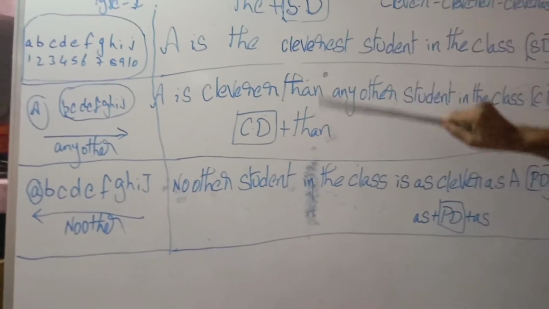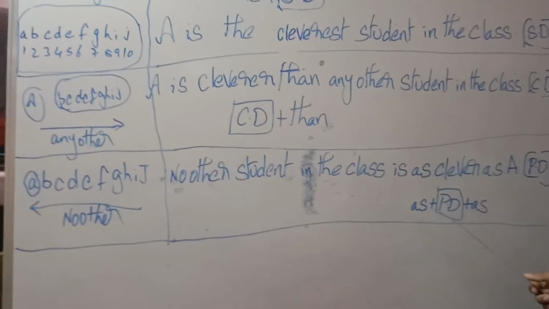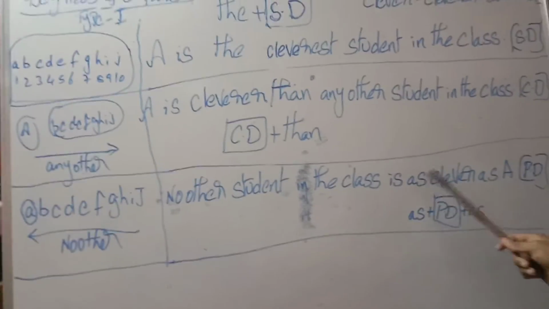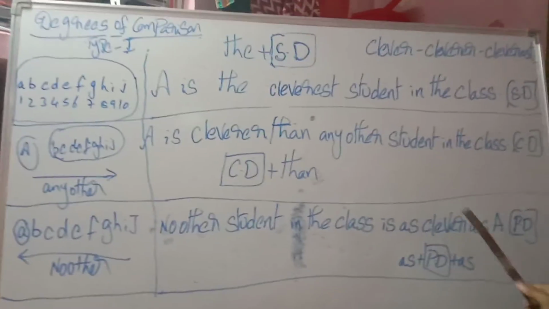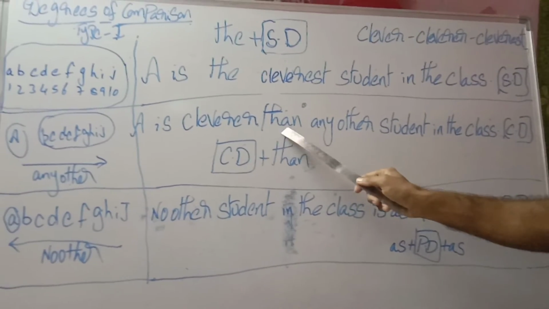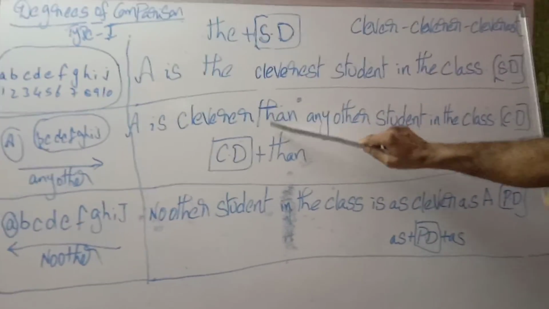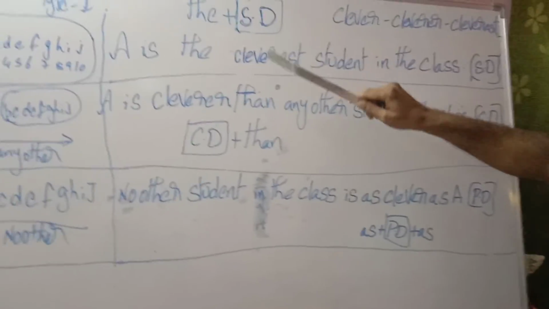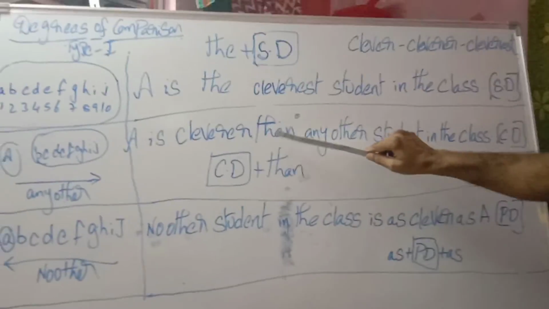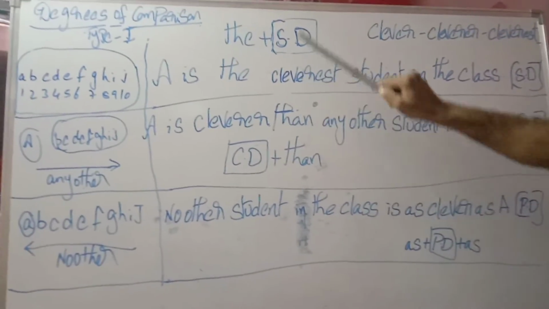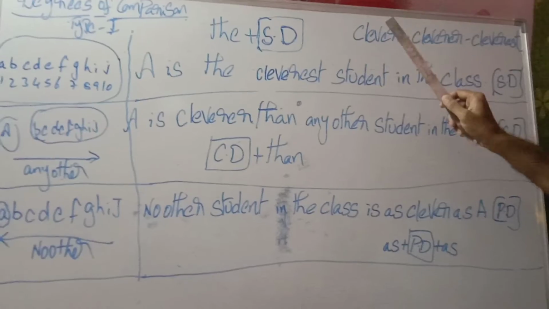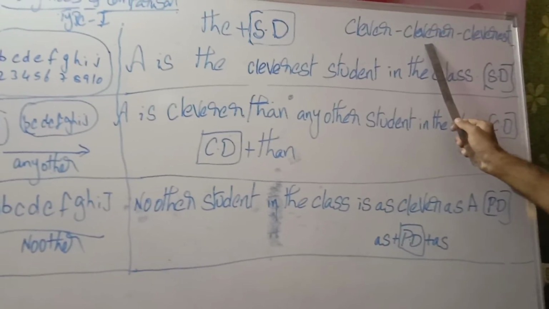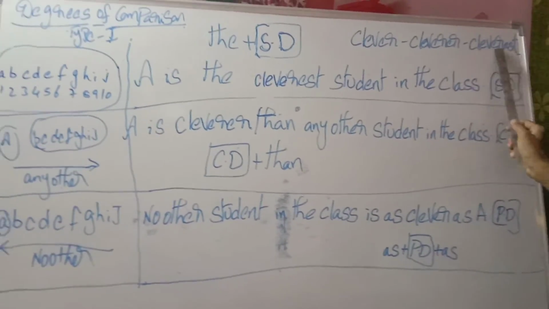As plus positive degree plus as. Observe here, as clever as. Cleverer than. Comparison means than itself, greater than, higher than, lower than, smaller than, bigger than, like that. So, positive degree, comparative degree, superlative degree.